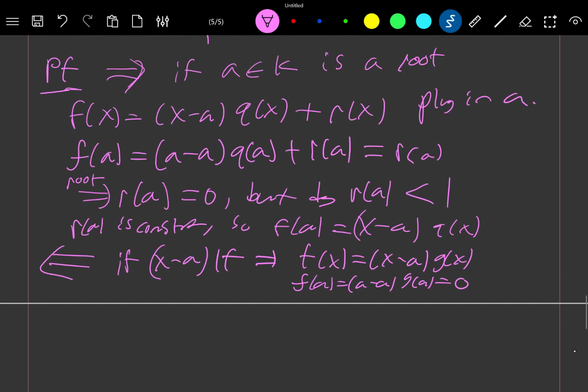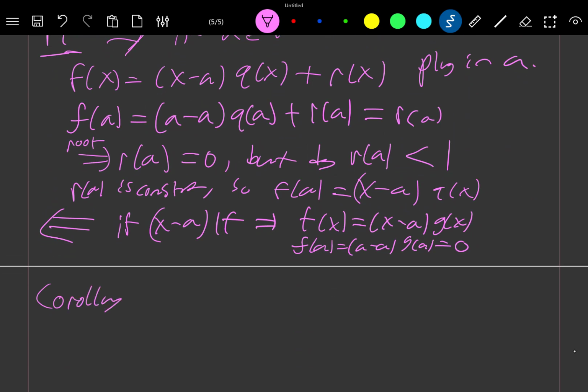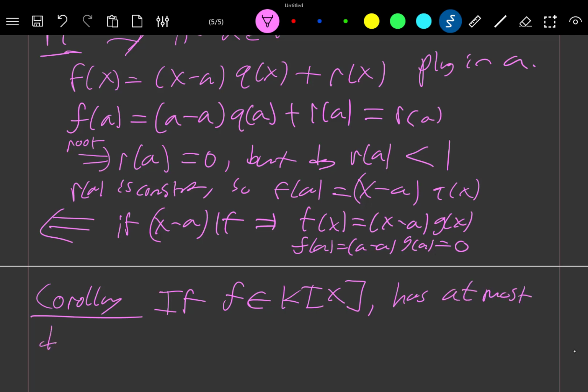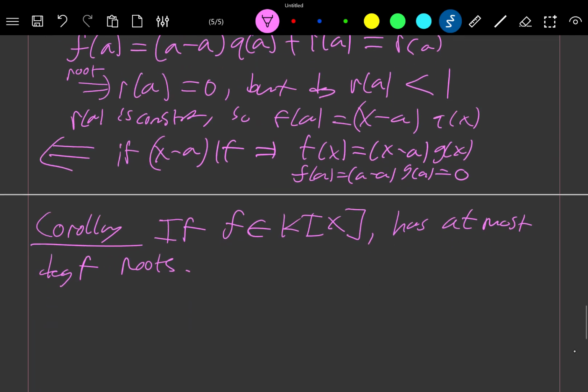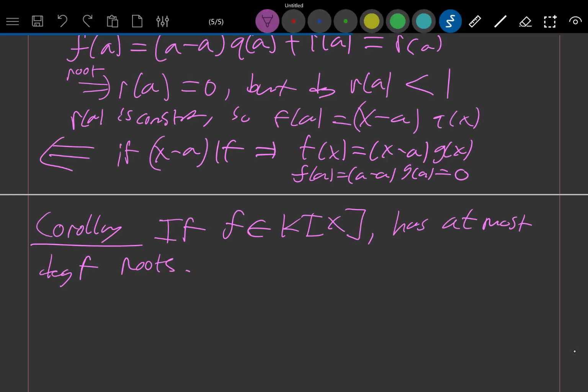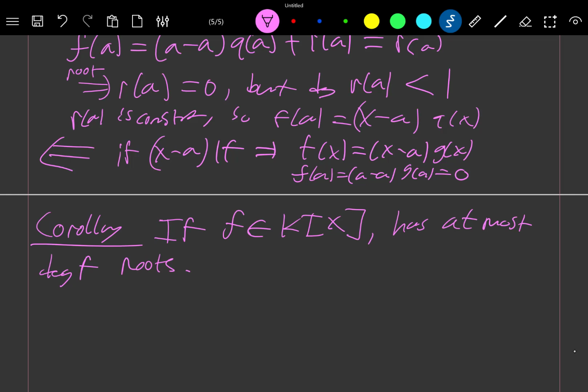As a corollary of this, if I have some polynomial f in a field, it has at most degree of f roots. The way you see this is that if you have a root, you factor it out, you decrease the degree by 1, and each time you factor it out, you only get that many roots.